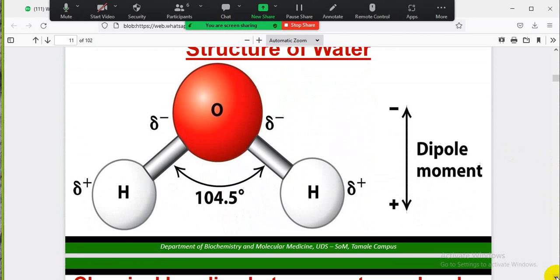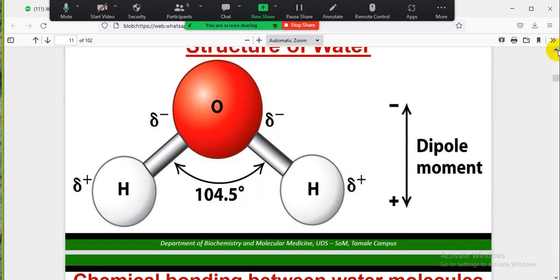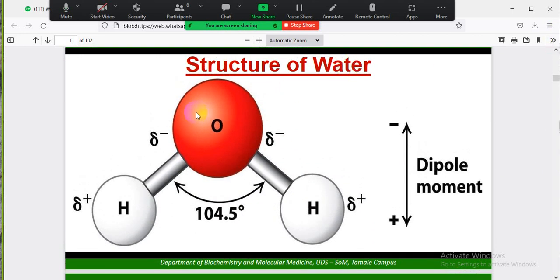Structure of water. This is a water molecule. We have the oxygen and hydrogen, and there is a bond angle of 104.5 degrees. This is because the oxygen is more electronegative than the hydrogen. So you can see the dipole moment.